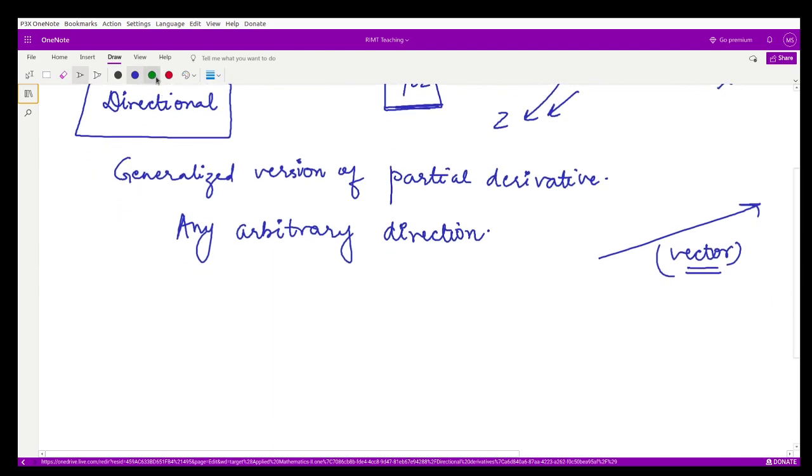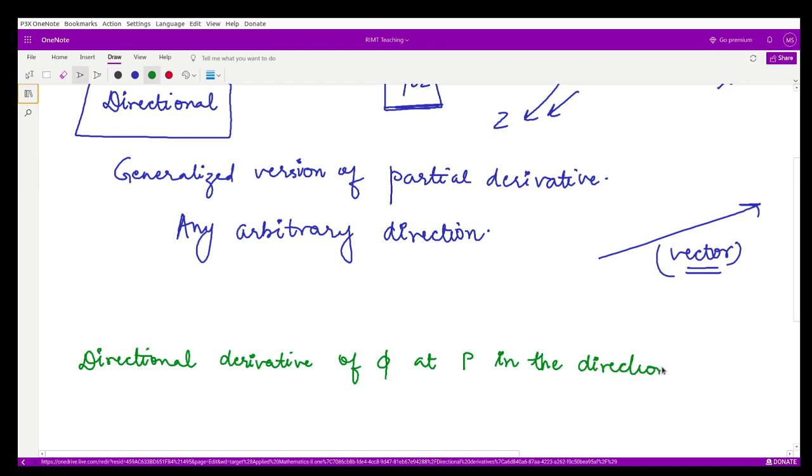So accordingly, for the formula, if we wanted to calculate the directional derivative of the surface phi at the point P in the direction a cap, where a cap represents the unit vector in the direction I wanted to go.